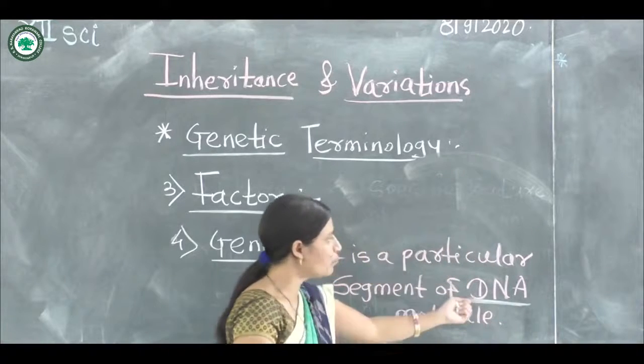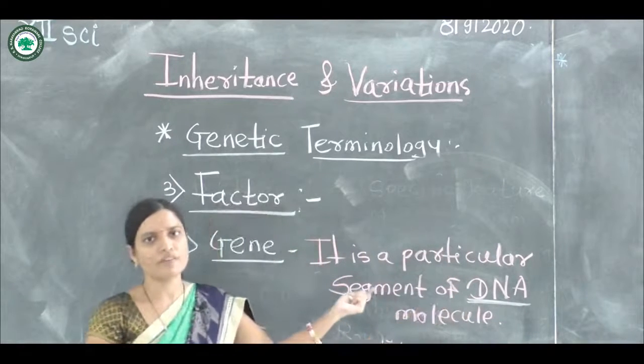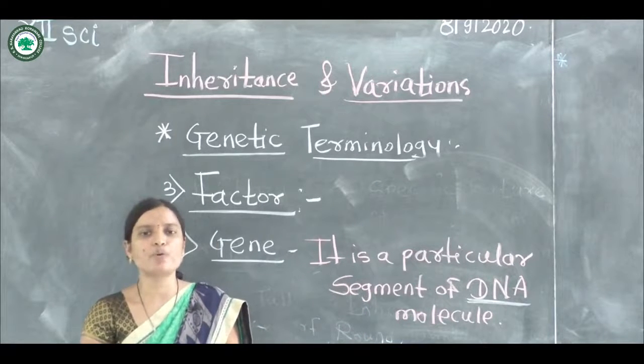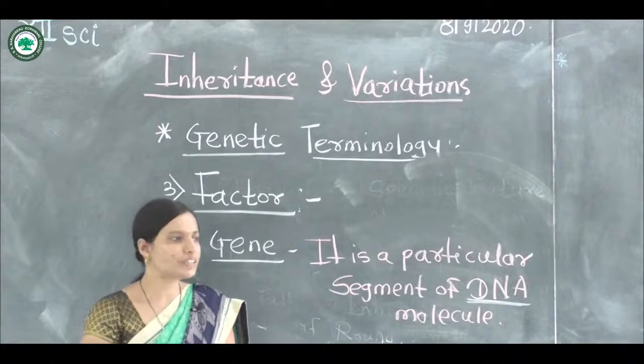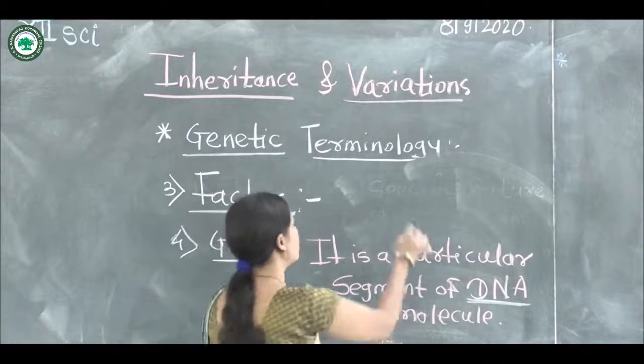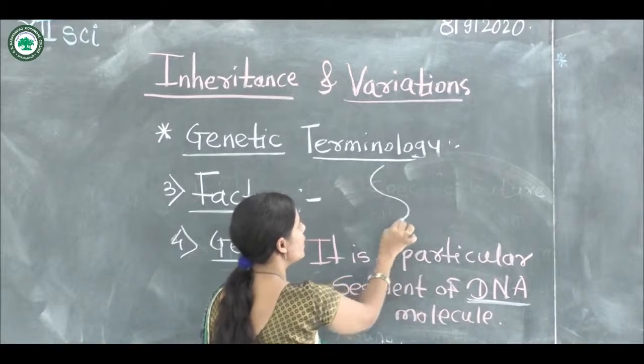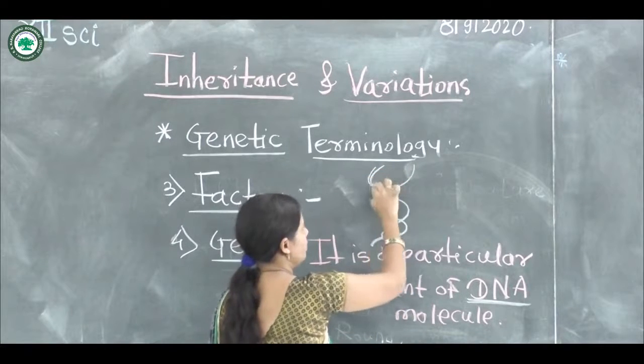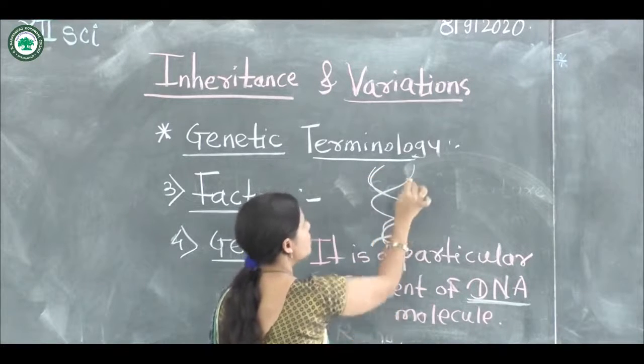DNA is the genetic material present in all living organisms. DNA means deoxyribonucleic acid, and its structure is a double helix, a double twisted structure.